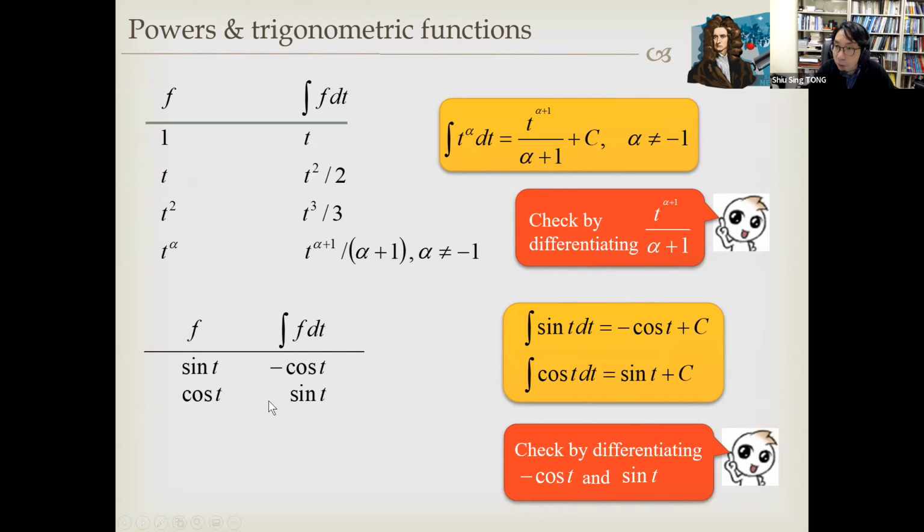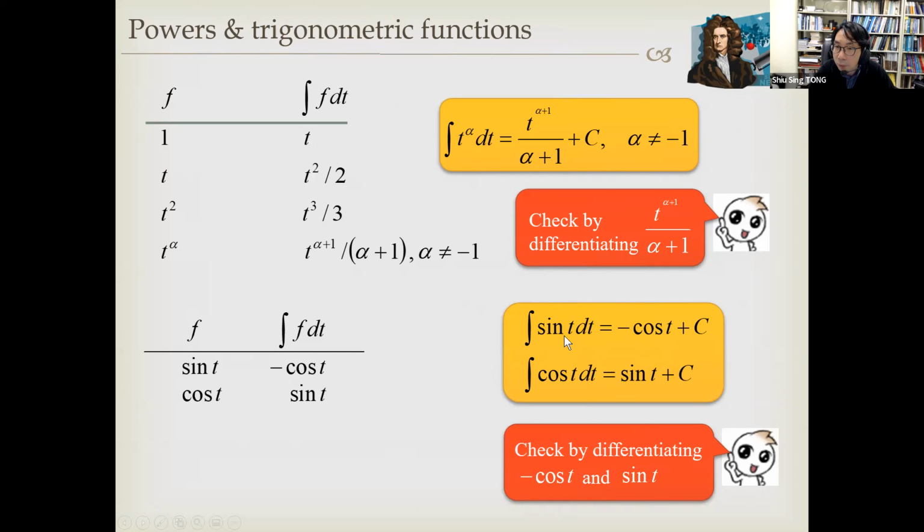Now, for sine and cosine, it's rather easy. If you start from a sine, you do an integration, you get a minus cosine. If you have a cosine and you do the integration, you will have a sine. Now, you notice that there's a minus sign here.